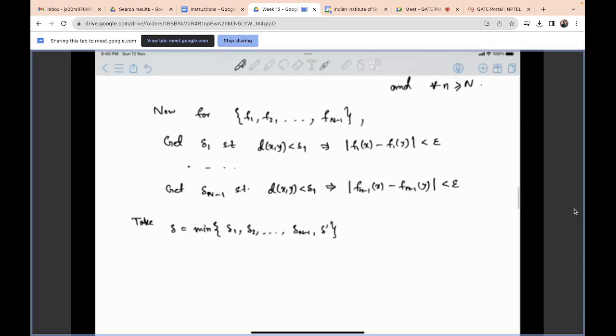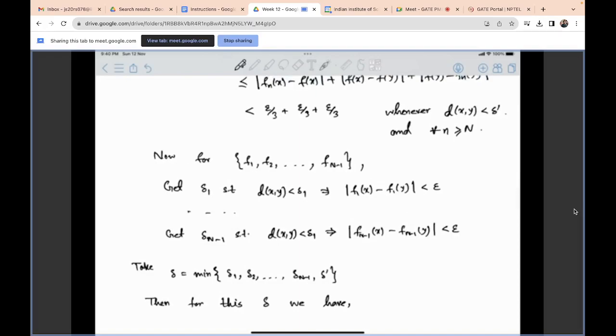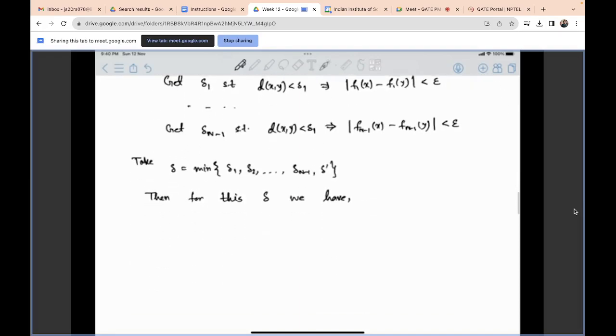Then for this delta, so this is for n bigger than capital N, and this is for up to n minus 1, we have |fnx minus fny| less than epsilon whenever d(x,y) is less than delta, and for all fn, right?